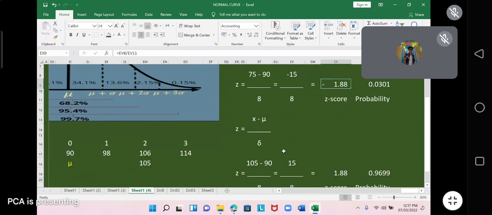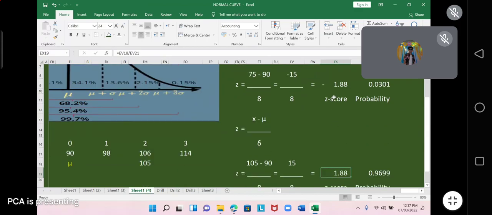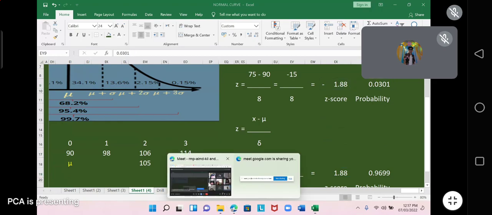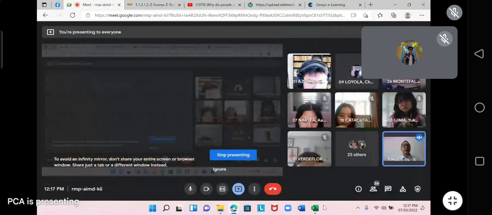Okay, 105 will be, of course, transformed into a z-score. See, negative, it's in the other half. The other half that is positive, it's in the other half, no? Okay, this one. You see, 1.88 in the Z-score table. Okay, it's there, no? Paano yun na naman kukunin? Naku po! Okay, sige.